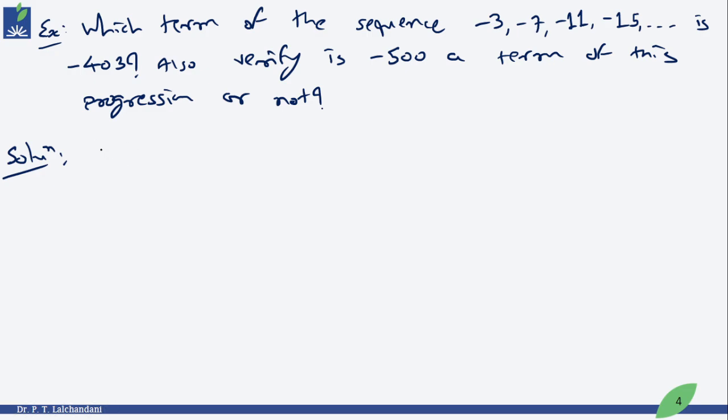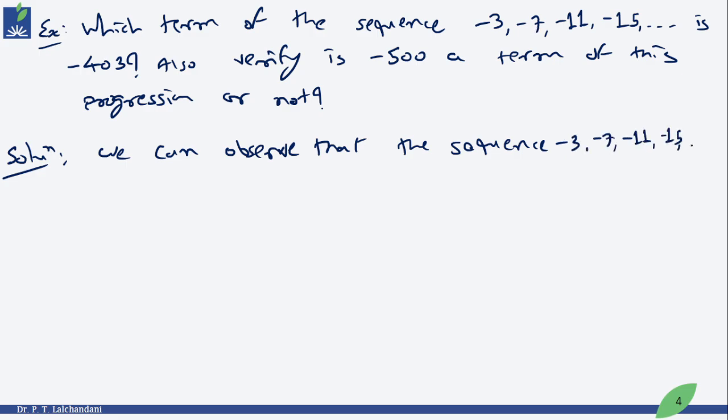First of all, we can observe that the sequence -3, -7, -11, -15 is an arithmetic progression. Why? Because the difference between the second term and the first term is -7 minus -3; minus minus becomes plus 3, so it is -4.